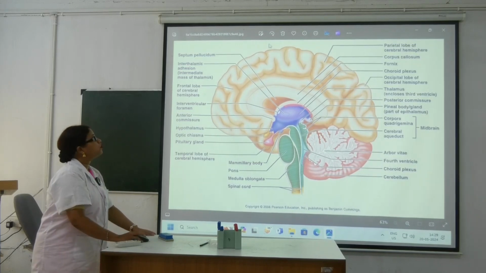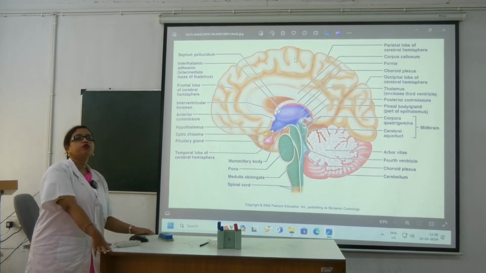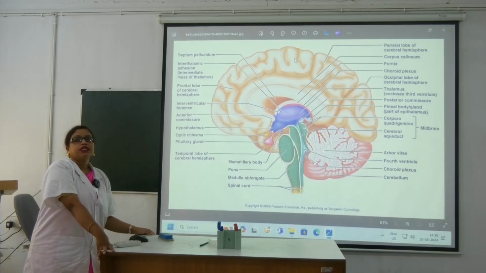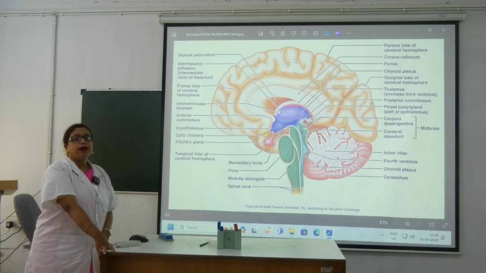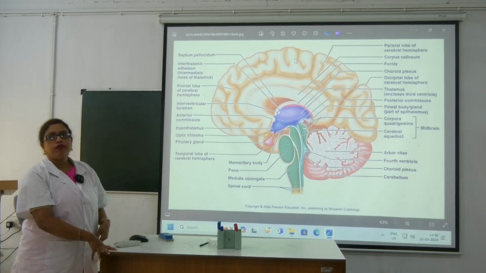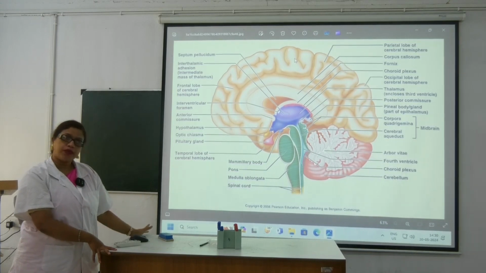Okay, now if you go posteriorly, what are the things you will get? Just write it down. Just posterior to the paracentral lobule. I will show you the image.